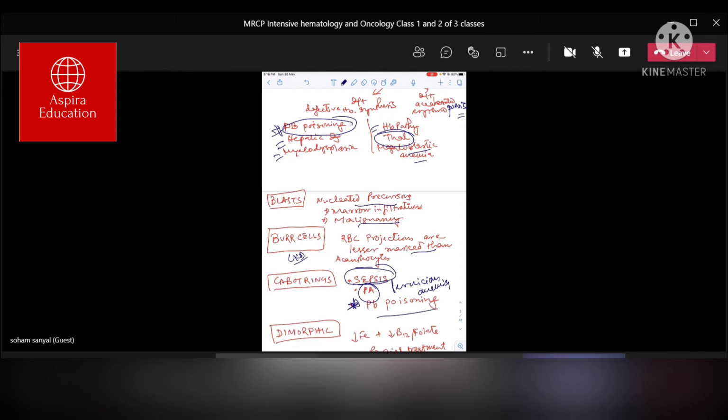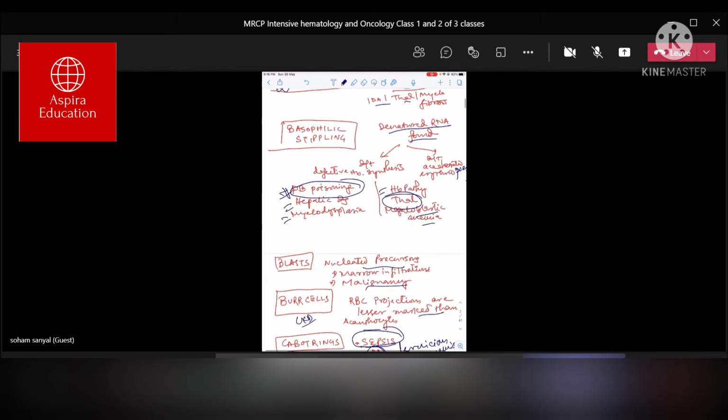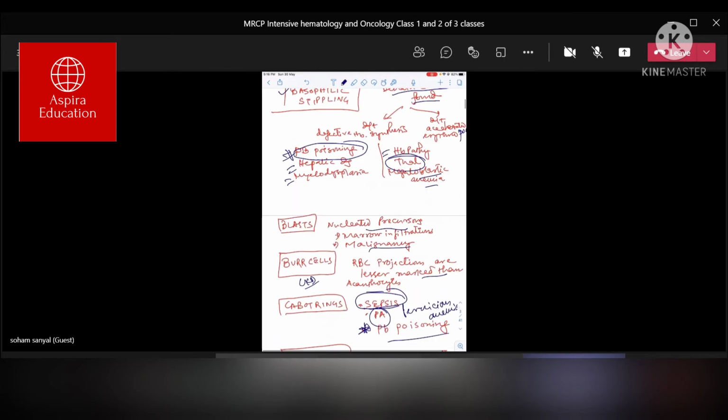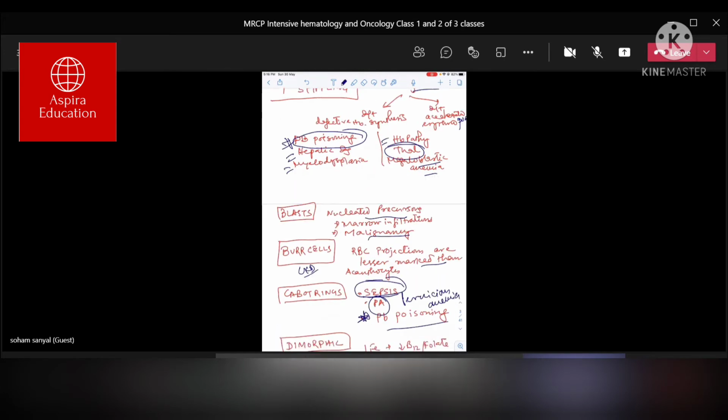Remember, if Cabot rings and basophilic stippling are both present, it definitely points towards lead poisoning. But if Cabot rings are present and the patient has hypothyroidism, then you think of pernicious anemia.